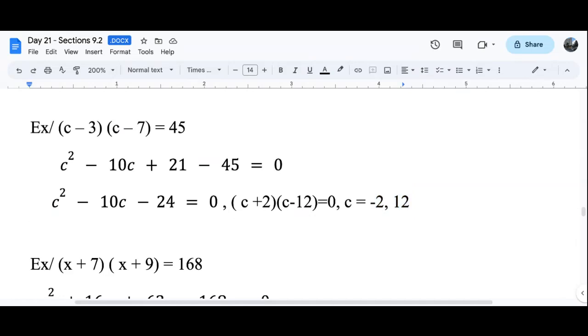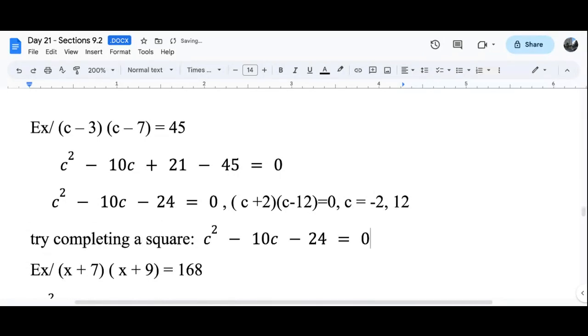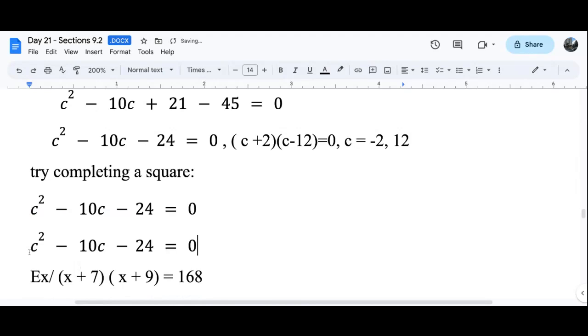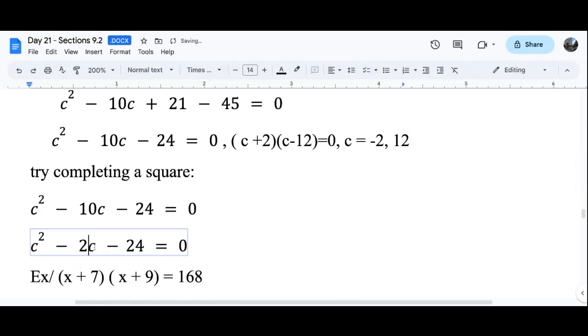So this is using factoring, right? And you can use completing squares. Let's try completing squares. So start with this. Then what do we do? We think we factor out 2 from negative 10. So we've got 2 times 5, right?